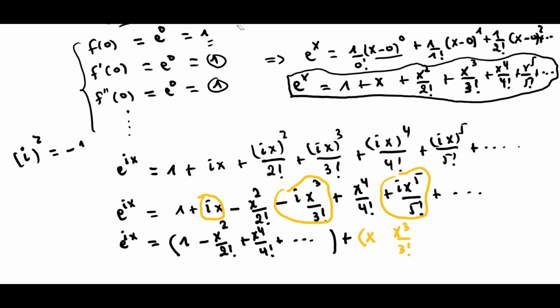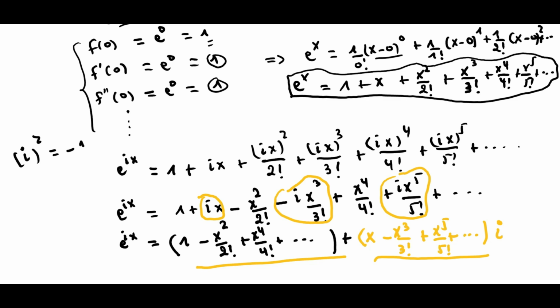Minus, not plus. Minus x power 3 over 3 factorial and plus x power 5 over 5 factorial plus and so on. Then times i. This is the imaginary part, and this is the real part.